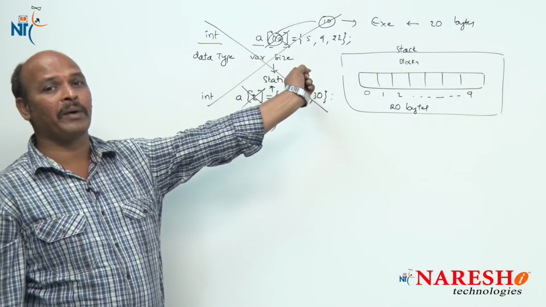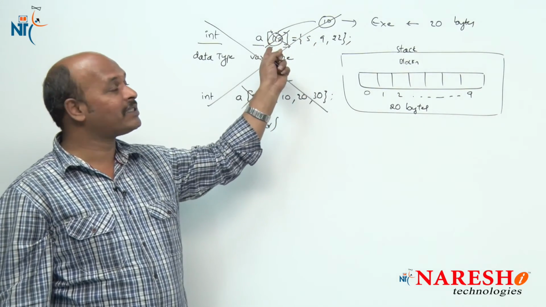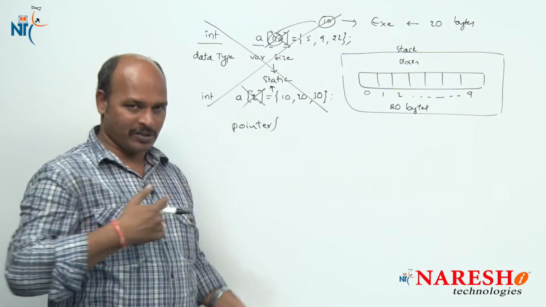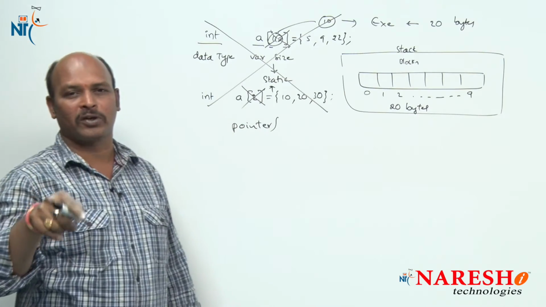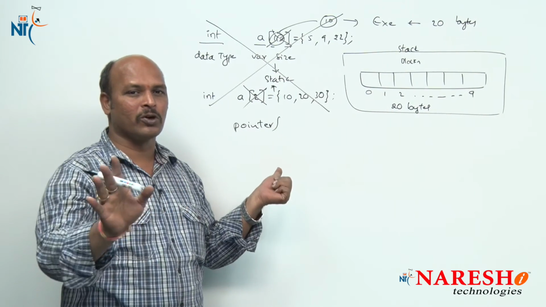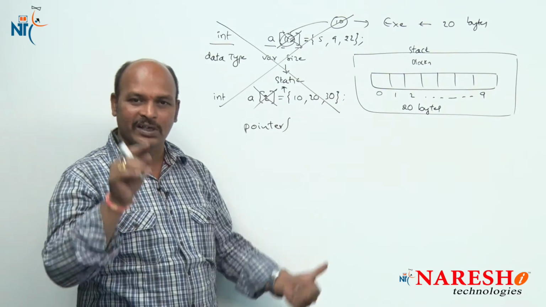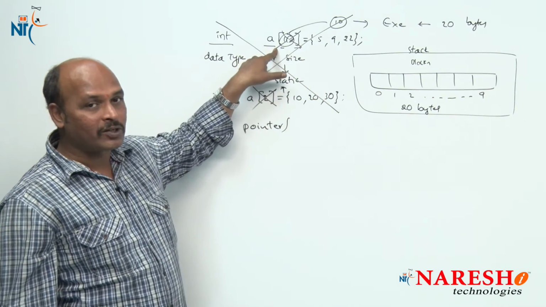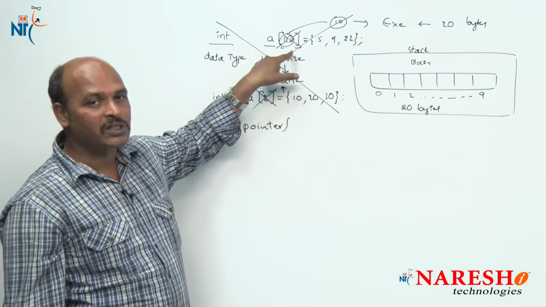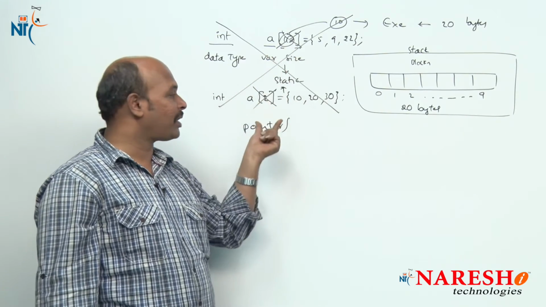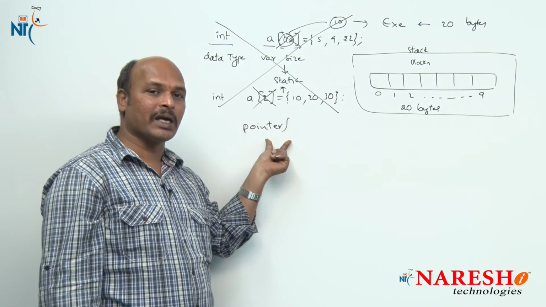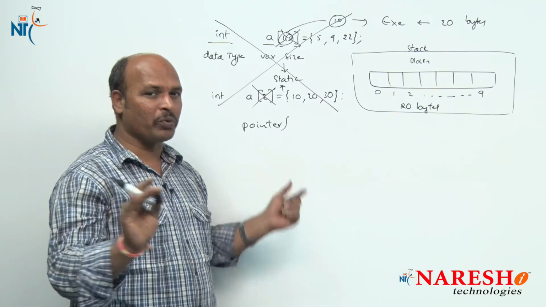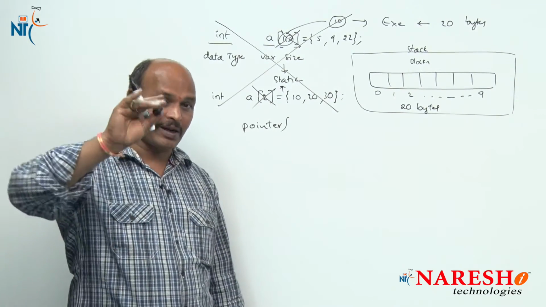And in the previous example, at compile time, means at designing, when the source code is designed, the size is mentioned. In dynamic memory allocation, in the source code we are not mentioning the size, it is the important point. In static memory allocation we mention the size when the source code is designed, but in runtime or dynamic memory allocation we enter no size in the source code, we enter the size at runtime.